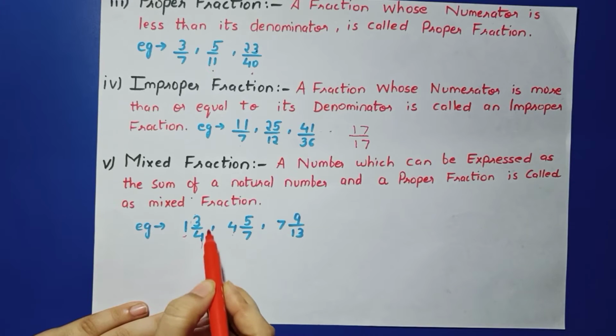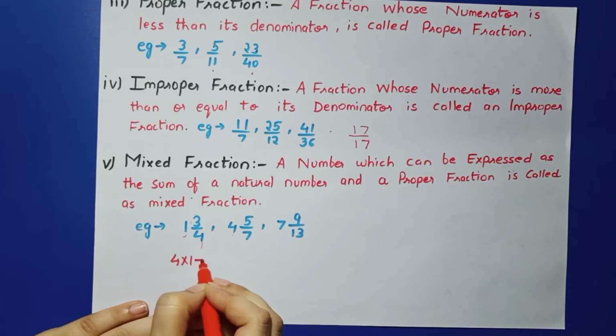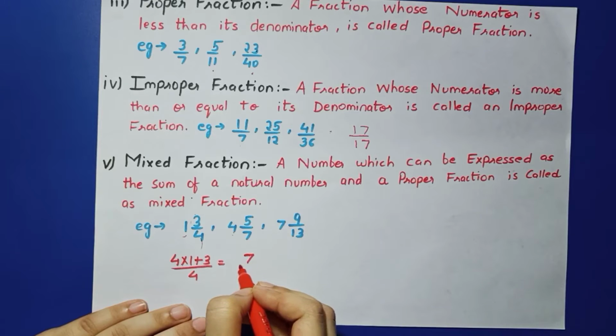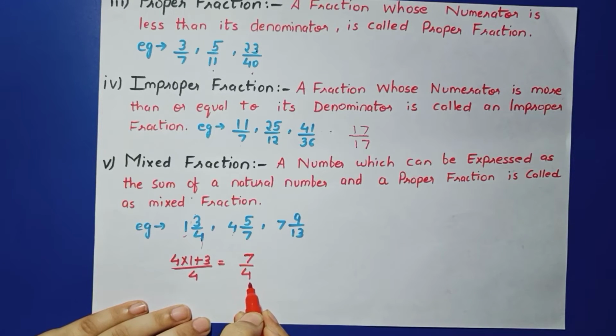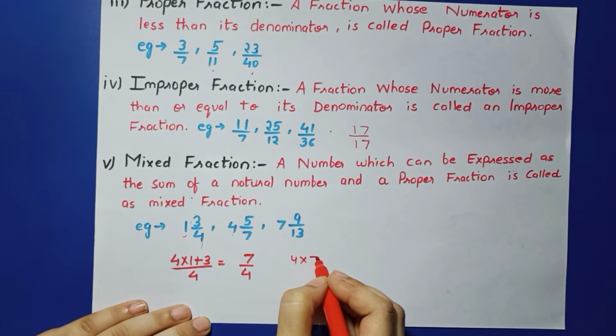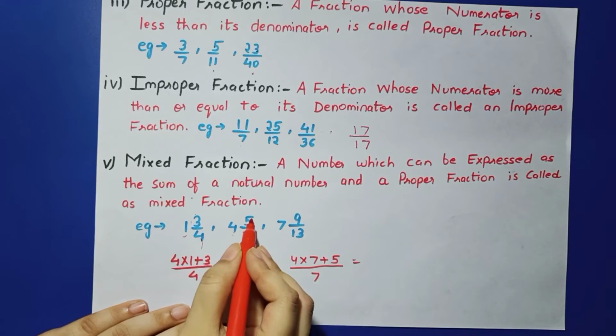This kind of fraction is written as 1 plus 3 upon 4, that is 4 plus 3, 7 upon 4. This can be written as 4 plus 5 upon 7, that is 7 into 4 plus 5.